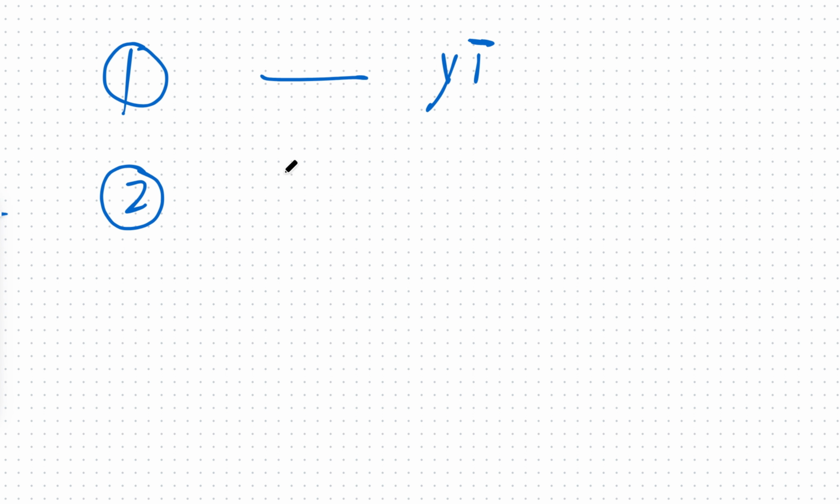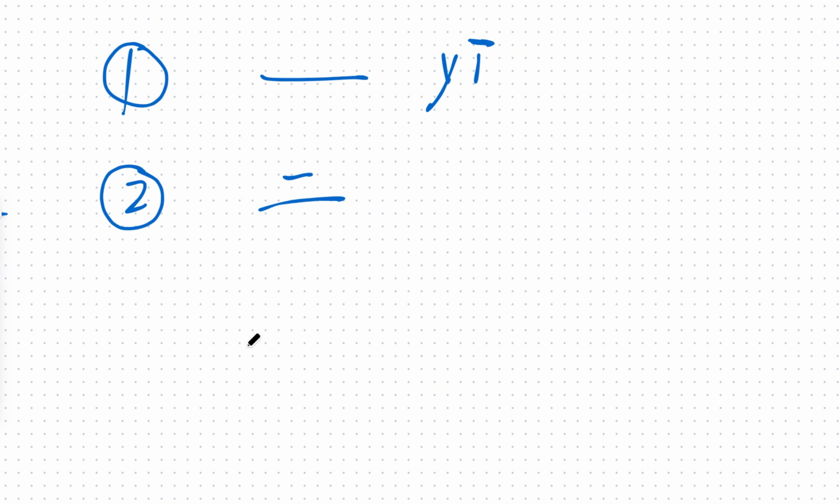So let's go back to these 10 numbers. First, it will be 1. 1 is just a simple horizontal stroke. Pronounced yī. Okay, 2 will be 2 horizontal strokes.